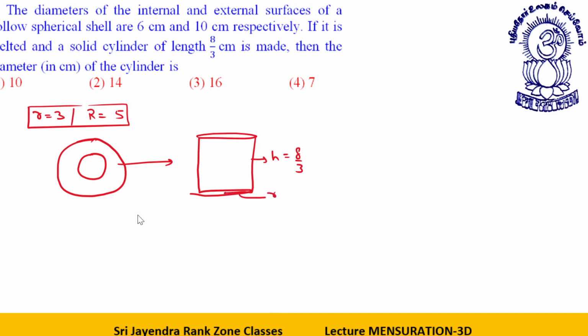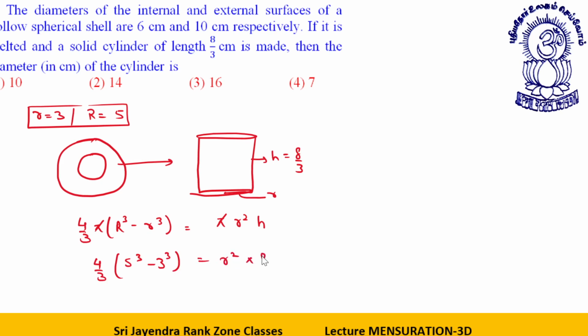So simple funda, 4 by 3 pi R cube minus r cube is equal to pi r square h. Pi and pi cancel. This is 4 by 3, 5 cube minus 3 cube, is equal to r square, where r is what you have to find, and h is 8 by 3. 3 and 3 cancel, 4 cancels with 8 to give you 2.